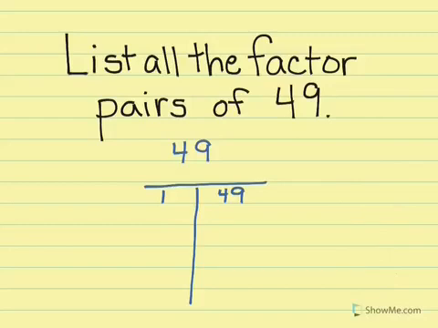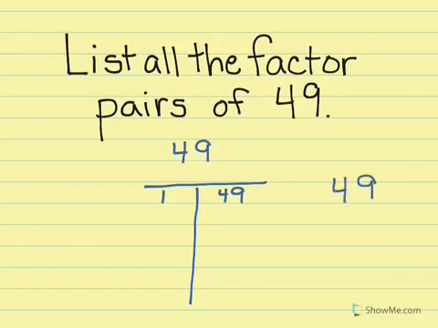What about 4? Well, I know 4 times 12 is 48, so 4 can't go into 49 evenly. 5? Well, let me think about my multiples of 5. I know 5 times 10 is 50, so 5 can't go into 49 evenly.